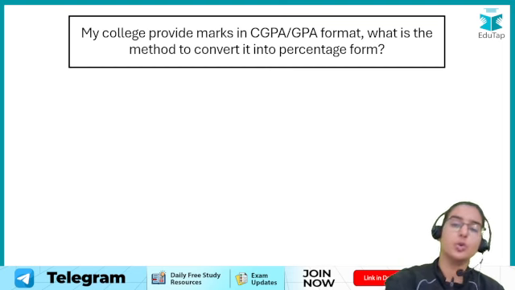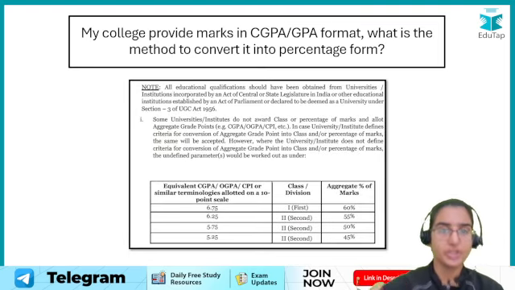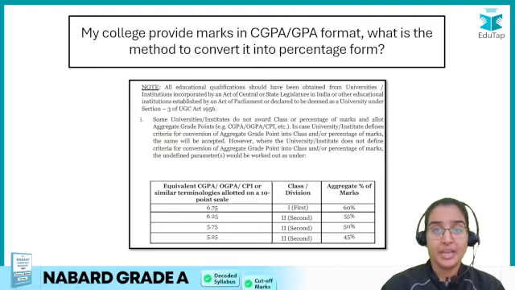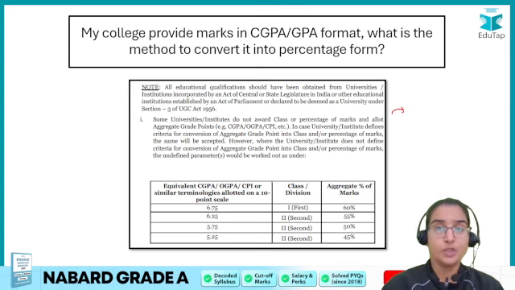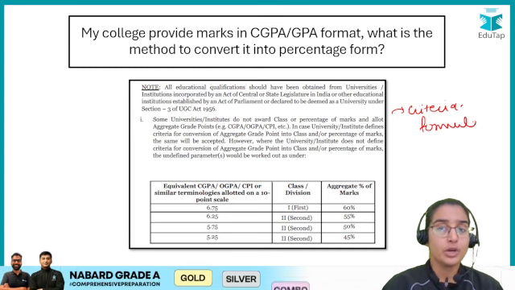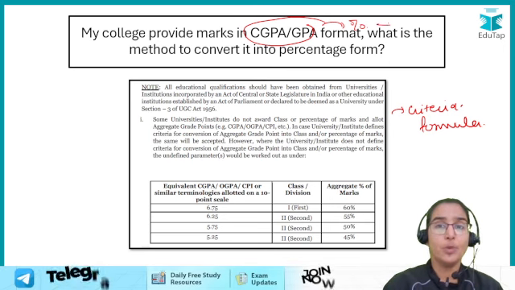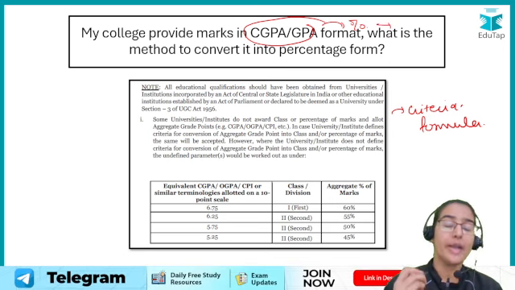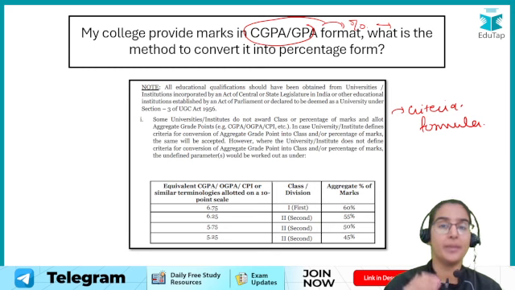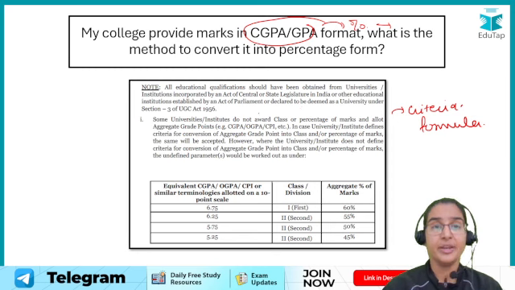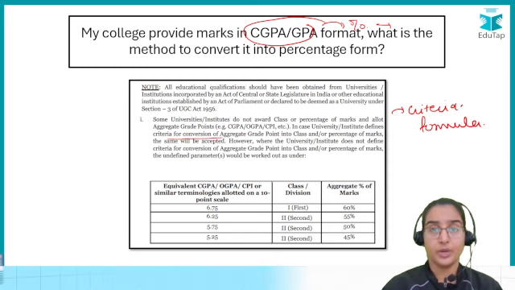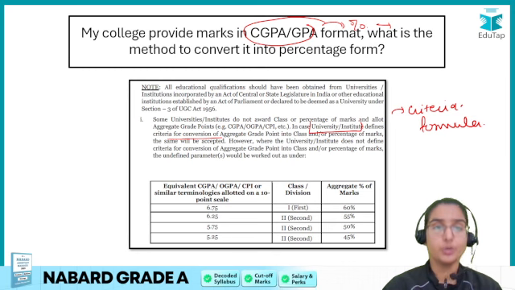For this also, the answer is provided in the notification itself: the formula or criteria which you are going to use to convert your CGPA or GPA marks into the percentage will be as per the criteria provided by your university or your institute, right? So whatever criteria for conversion is defined by your university or institute, you have to use that particular criteria.